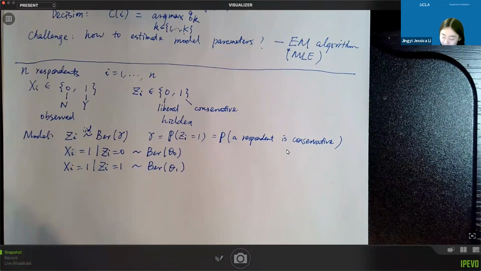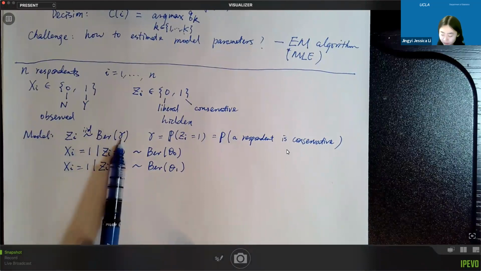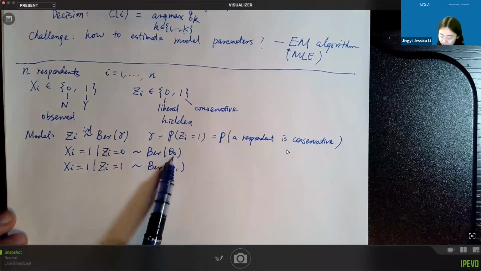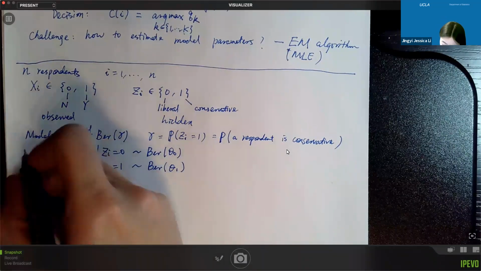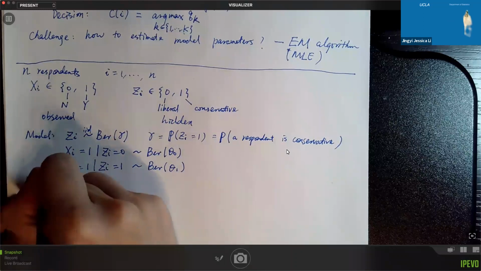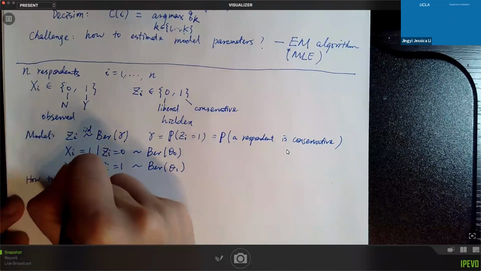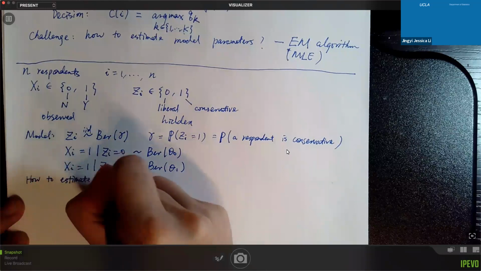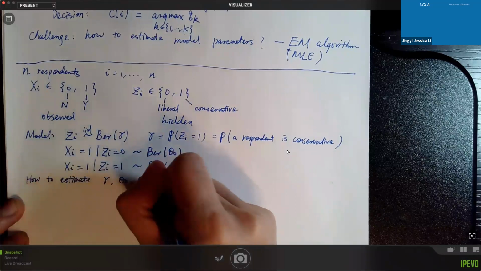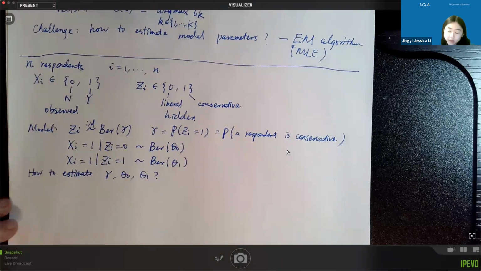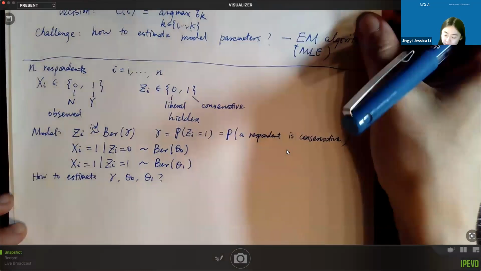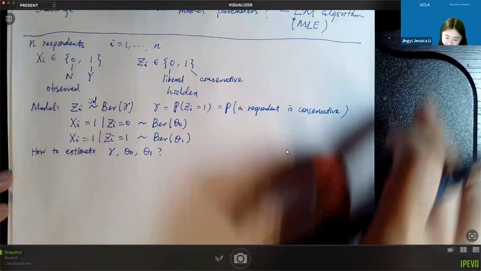So let's assume that zi's are now observable instead of being unknown. How do we estimate the 3 parameters, gamma, theta 0, and theta 1? That's our question. And we are going to use the maximum likelihood estimation approach.